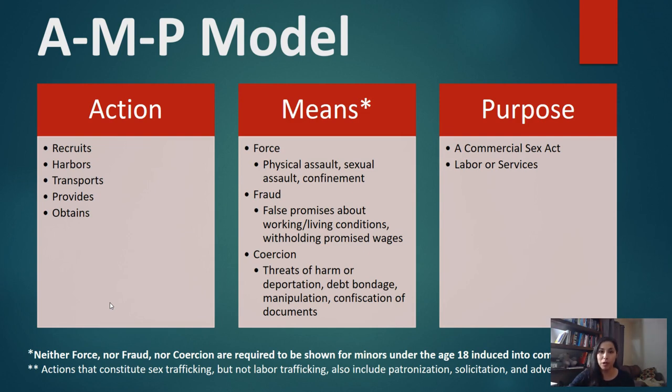Fraud includes false promises about working/living conditions and withholding promised wages. Coercion is threats of harm or deportation, debt bondage, manipulation, or confiscation of documents. And the purpose is either a commercial sex act or labor or services.